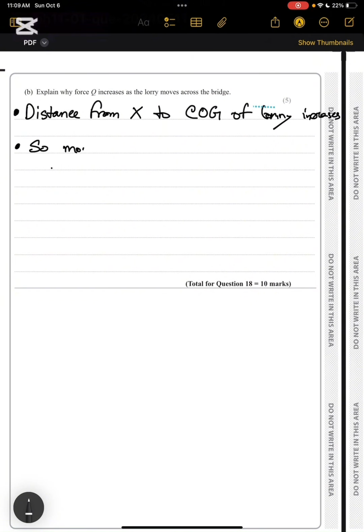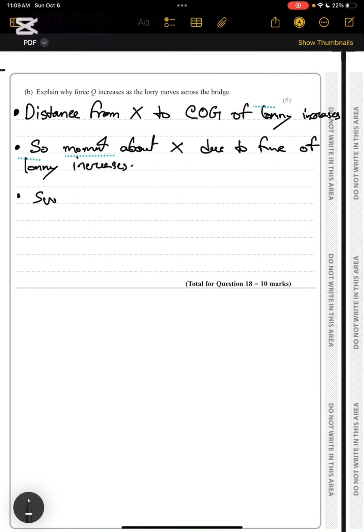So the moment about X due to the force of the lorry increases.